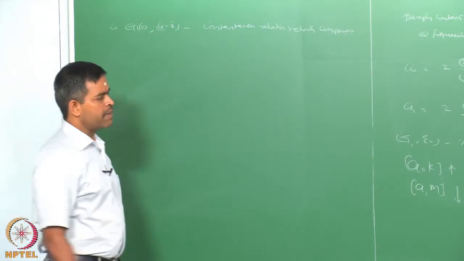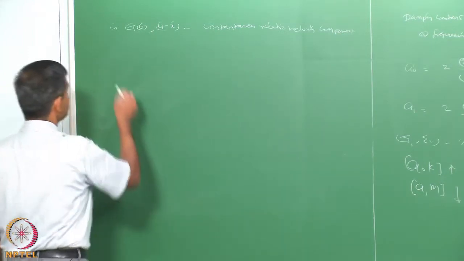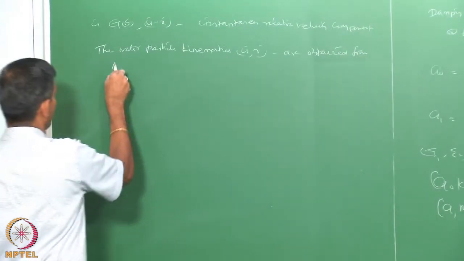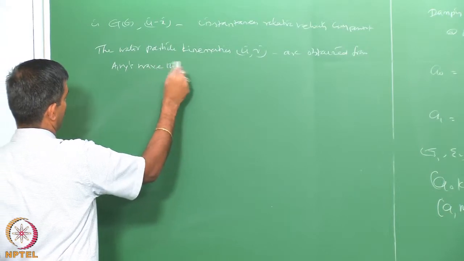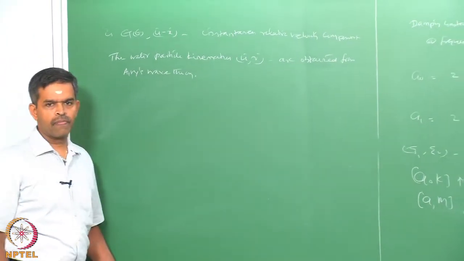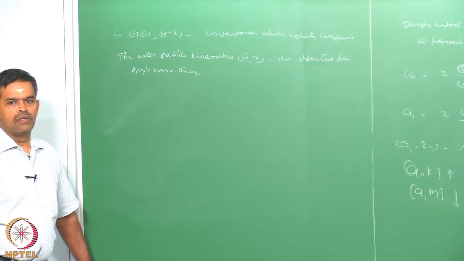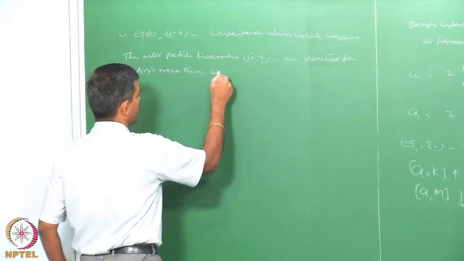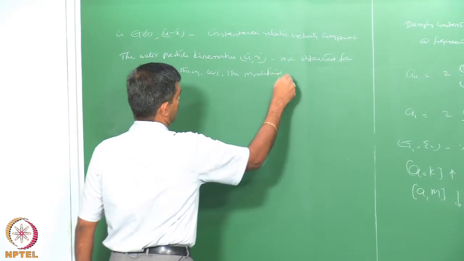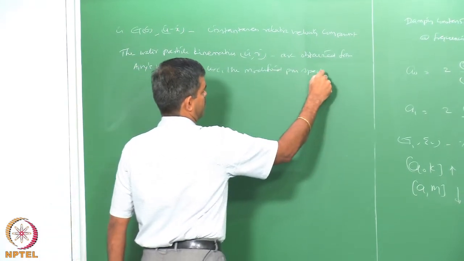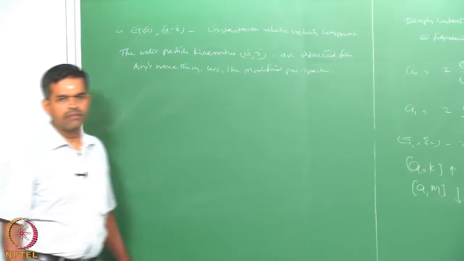The water particle kinematics u dot and v dot are obtained using the modified PM spectrum. Okay.